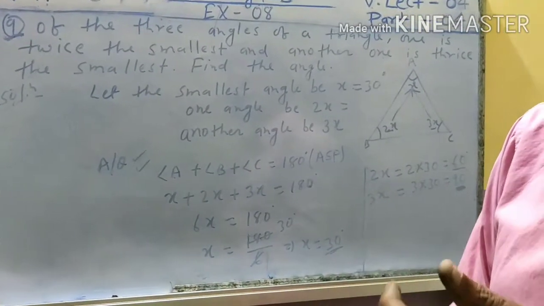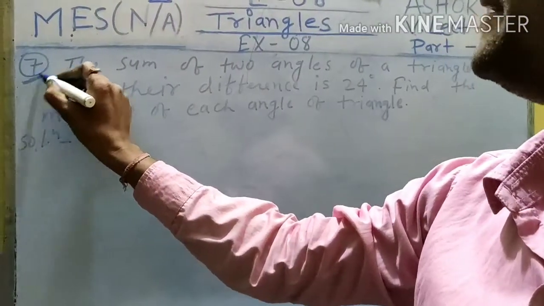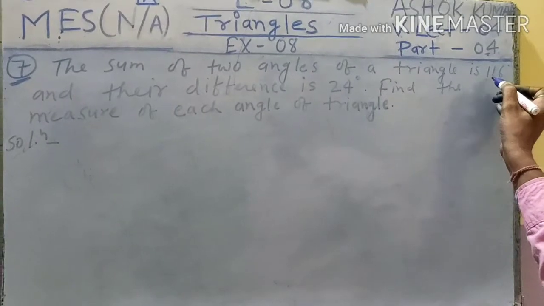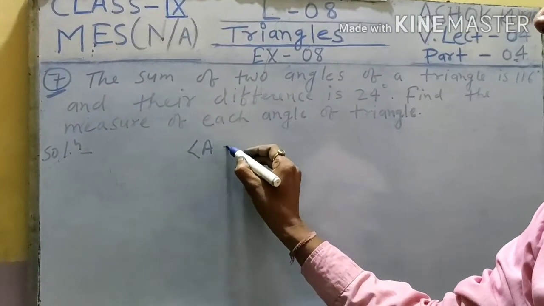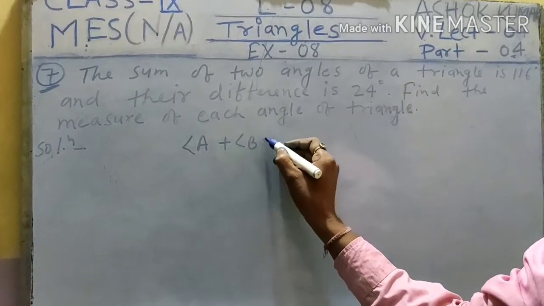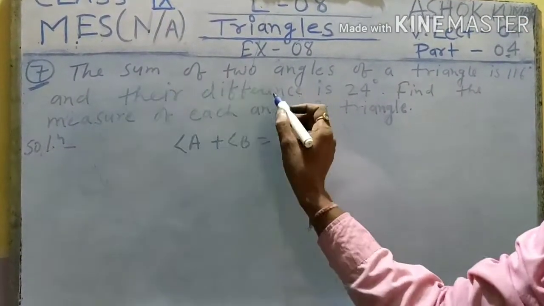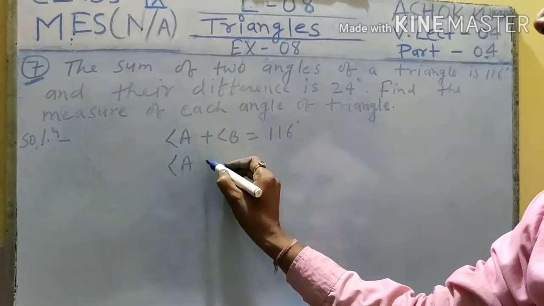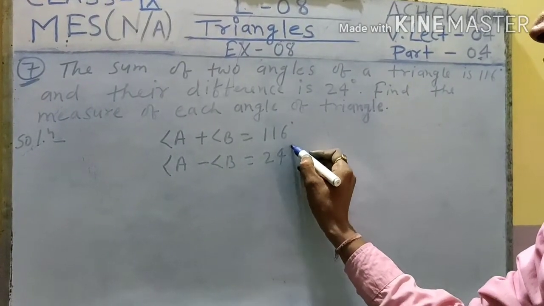The next question is question number 7. The sum of two angles of a triangle is 116 degree. So here, student, angle A plus angle B is equal to 116 degree, and their difference, that means angle A minus angle B is equal to 24 degree.